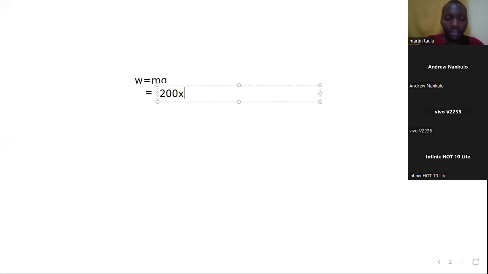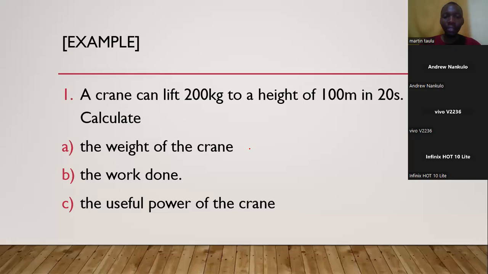And you need to be careful every single time, the mass has to be in kgs. So when you do the math here, 200 times 10 gives us 2,000 newtons. So our answer for the first question is 2,000 newtons. The weight of the crane is 2,000 newtons.